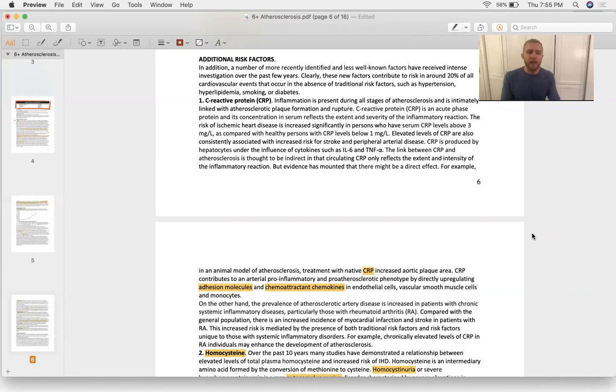It may act on endothelial cells to cause them to upregulate adhesion molecules and to produce chemoattractant cytokines, which, remember, we said that monocytes get attracted to very particular areas of damage, and that attraction is mediated by the release of soluble cytokines from damaged tissue.